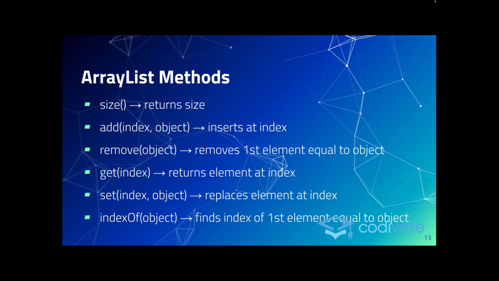You can also remove an object by calling the remove method on either the object or the index. You can also use the get method, which returns a certain element at a certain index. You can use the set method to set a certain index to an object. Finally, you can also use the indexOf method to find the first index that holds an object.